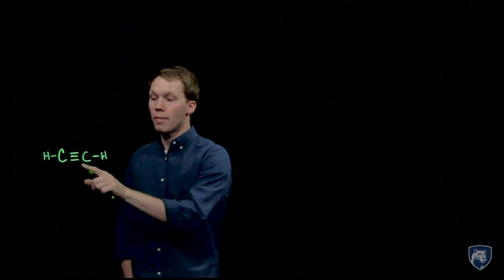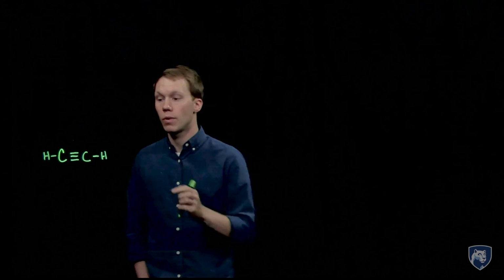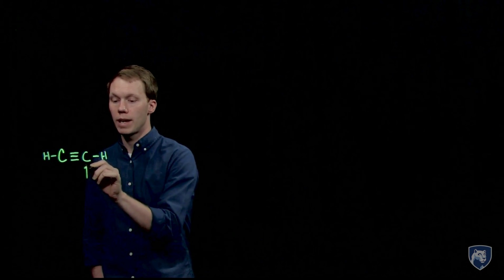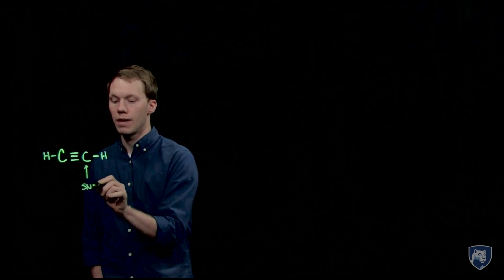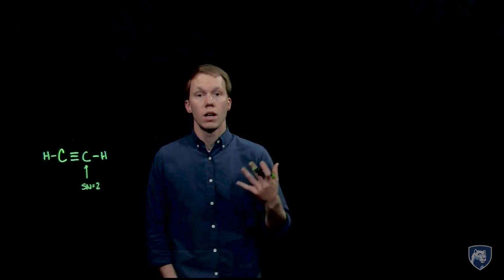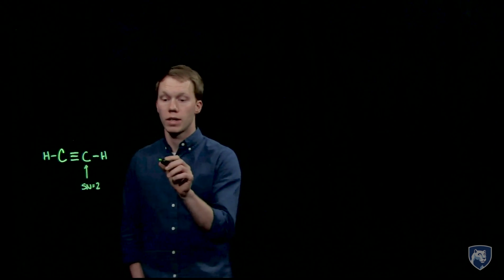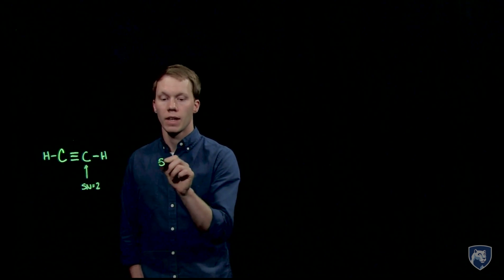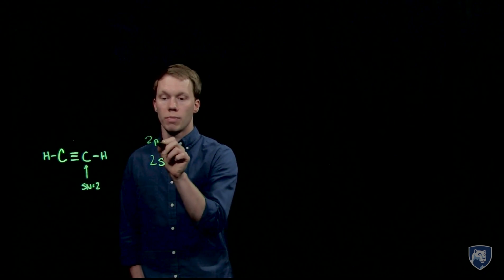In this carbon-containing system with the triple bond, we have two electron domains about each carbon atom. So the steric number here is 2. So we would need two hybridized orbitals to form these sigma bonds. So we'll have our 2s and our 2p.